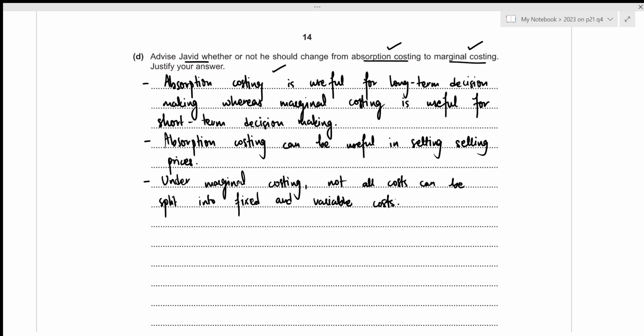For our absorption costing, the basis of apportionment may be arbitrary, right? Because we choose the basis of apportionment, and that might not reflect the true apportionment factor or true apportionment basis.